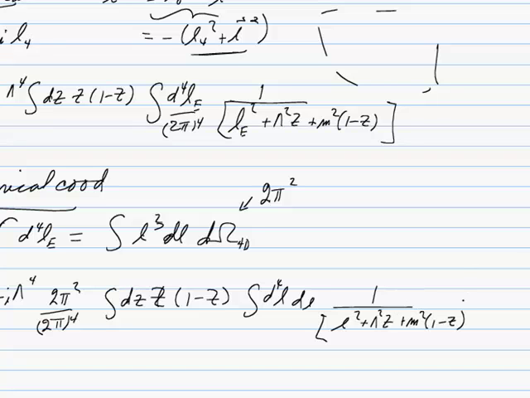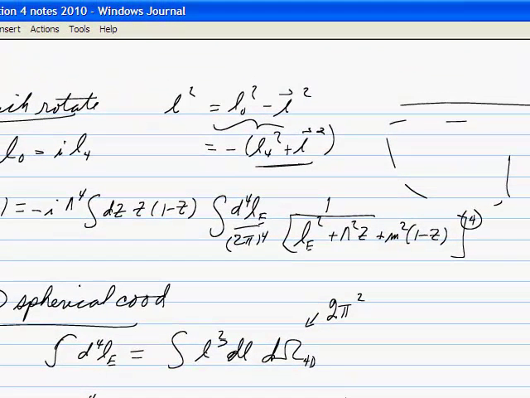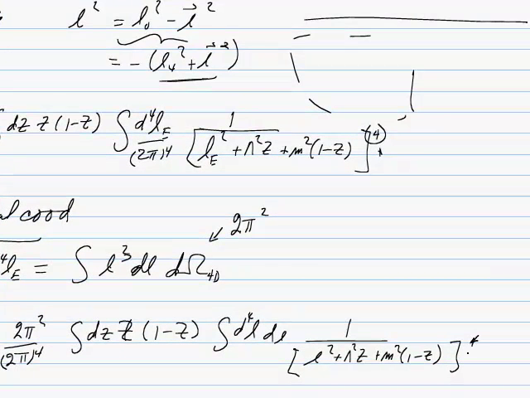And I should have written this up here to the fourth power, so watch that. I made a correction while you were looking at your paper there, right up here.